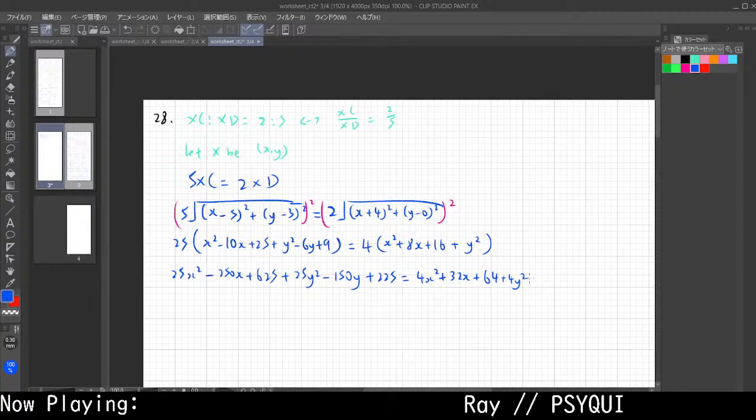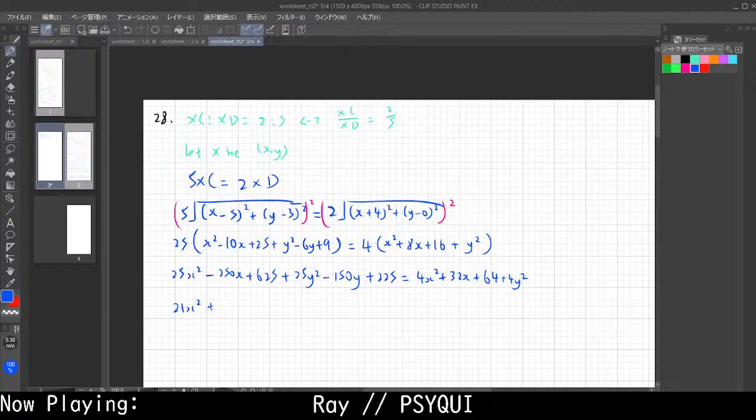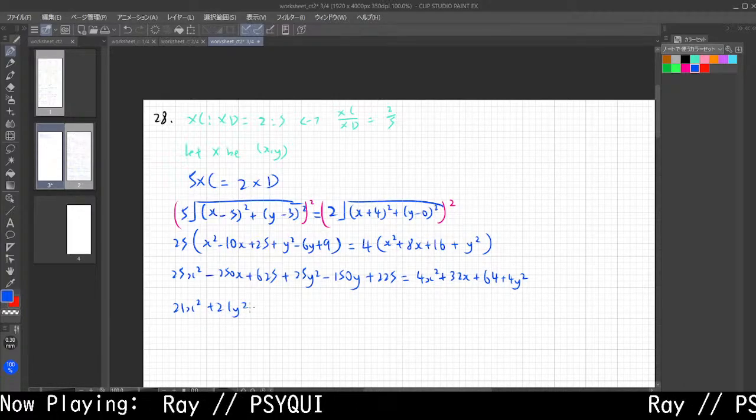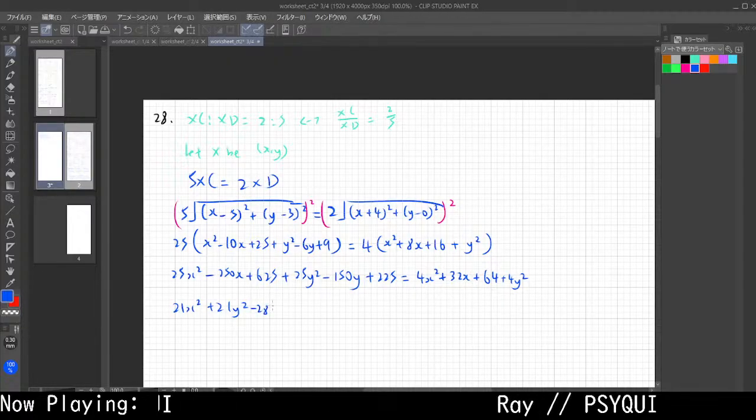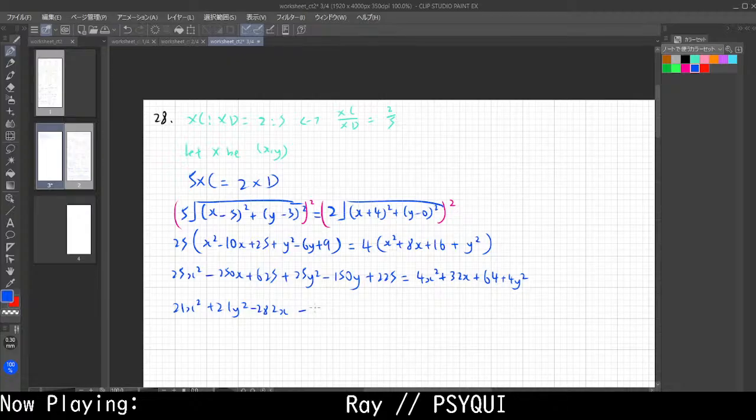Okay, how many x? 21. How many y? 21. Okay, x squared, y squared. How many x? 250 minus 32, 282. How many y? Y minus 150.